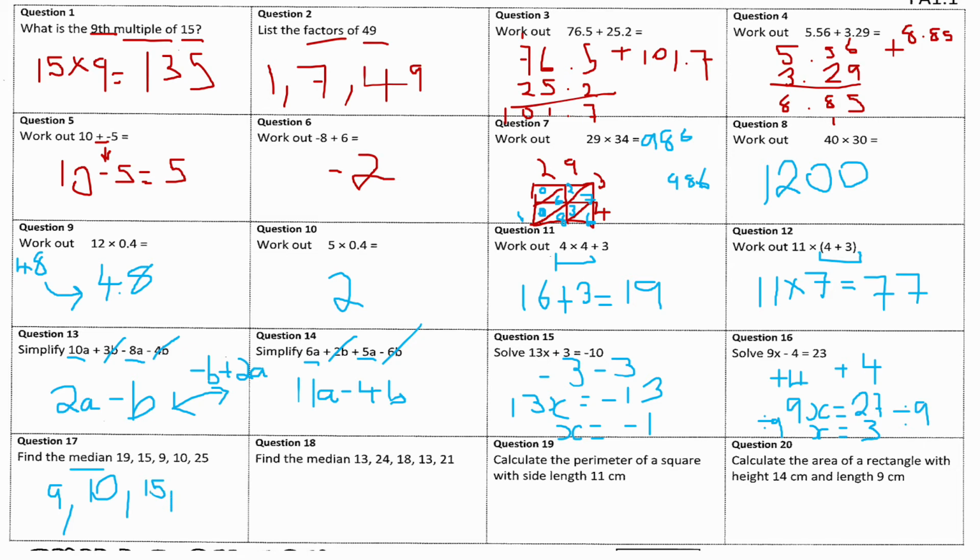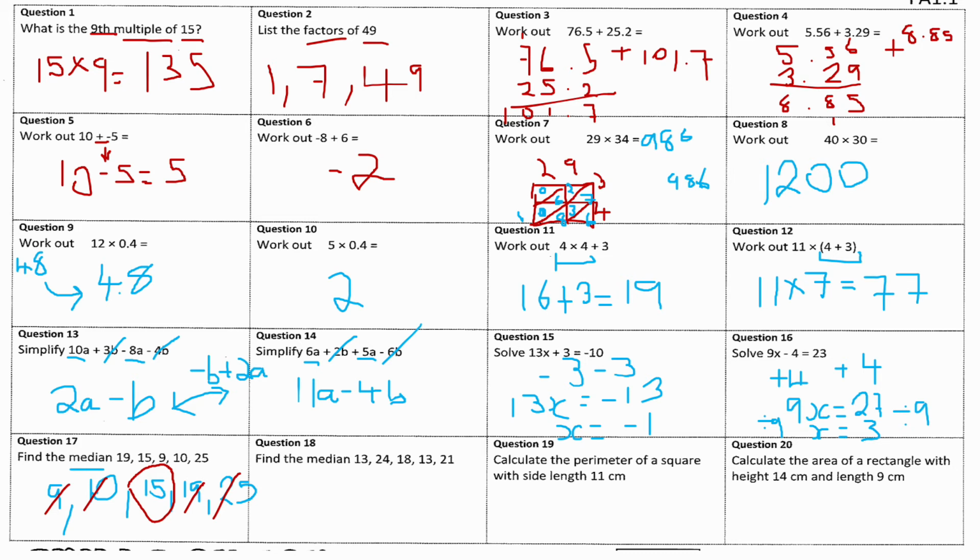Maybe you can see visibly that the middle number in this data is 15. But we'll just prove that: if I cross off one from here, one from this side, one from here, one from here, I'm left with the middle number of 15.